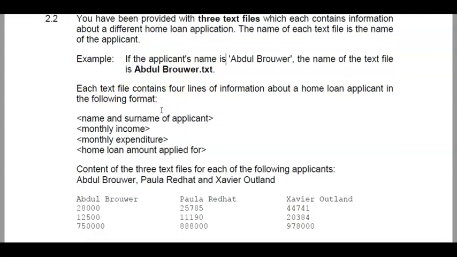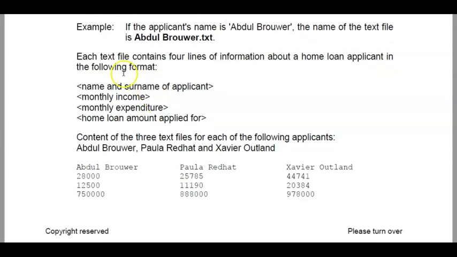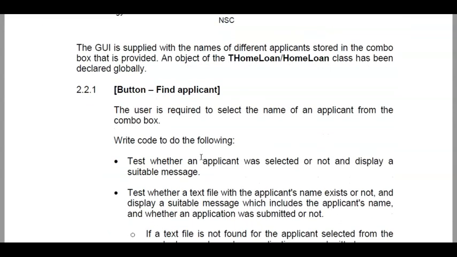Then they explain that each line in the text file contains the name and surname, the monthly income, the monthly expenditure, and then the loan amount that they applied for. So here's the example of the 3 text files, and this is what you can expect in there. Maybe if you don't have the paper, take a screenshot, because I'll have to move on.